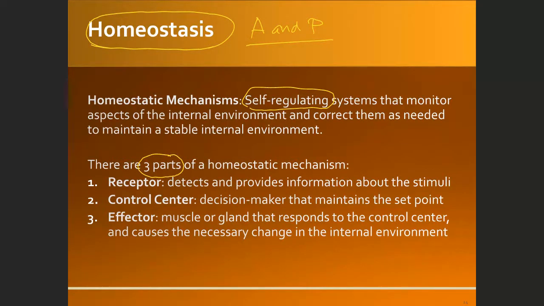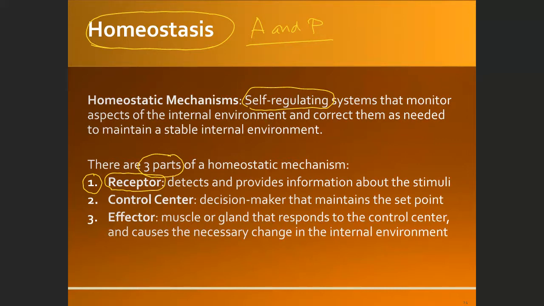This homeostasis has three main parts that perform their function. The first part is called the receptor. The receptor is the one that receives and detects the stimulus. For example, we have receptors for touch in our skin, which receive the touch stimulus. There are also receptors for body temperature.